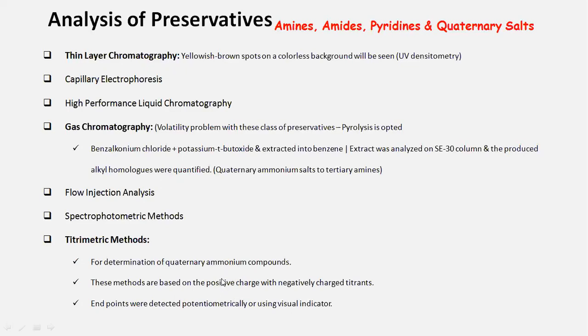So these positively charged compounds need to be titrated against negatively charged titrants. Now endpoints were detected potentiometrically or using visual indicators. So either we can use potentiometry or we can use indicators added before starting the titration, which will give a sharp color change at the end point.